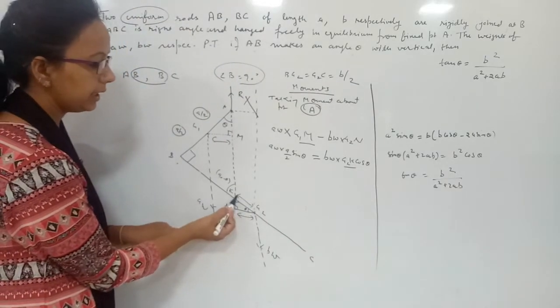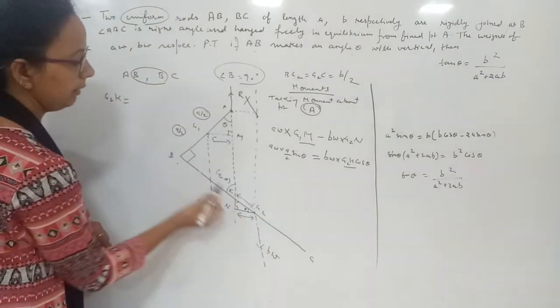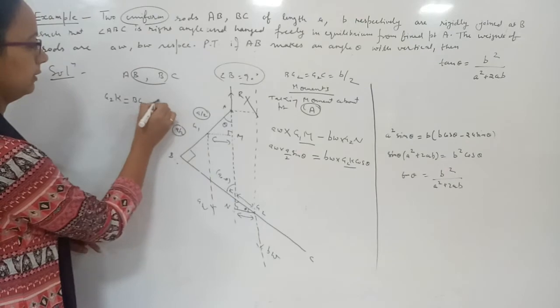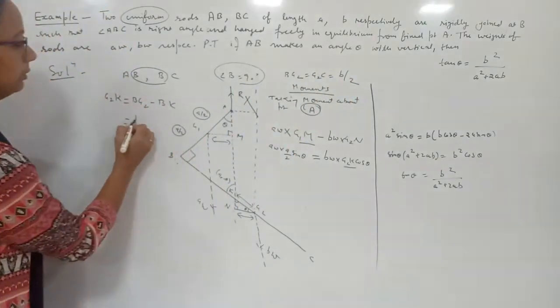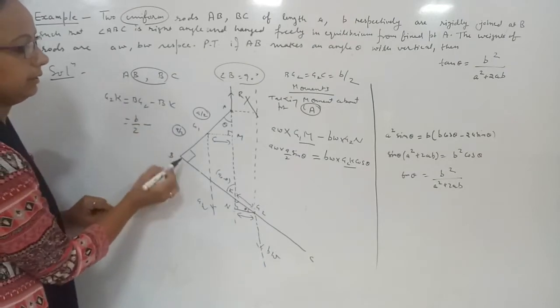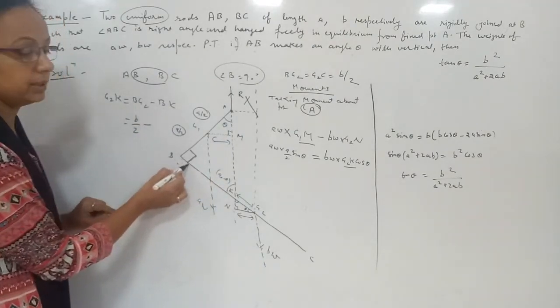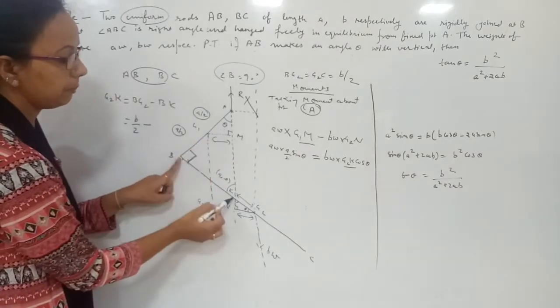Now what is G2K? G2K can be written as BG2 minus BK. BG2 is our B by 2. BK, see this triangle again. This is a right angle triangle because this angle is 90 degree. So BK, if we consider this angle, then BK is perpendicular.